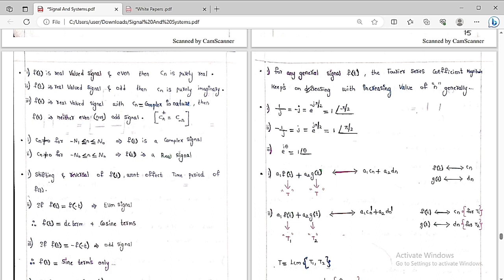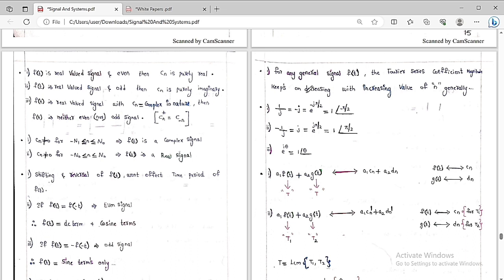As the value of n increases, the magnitude of the Fourier series coefficient, either the trigonometric or the exponential Fourier series coefficient, is going to decrease. I have already told you this point.